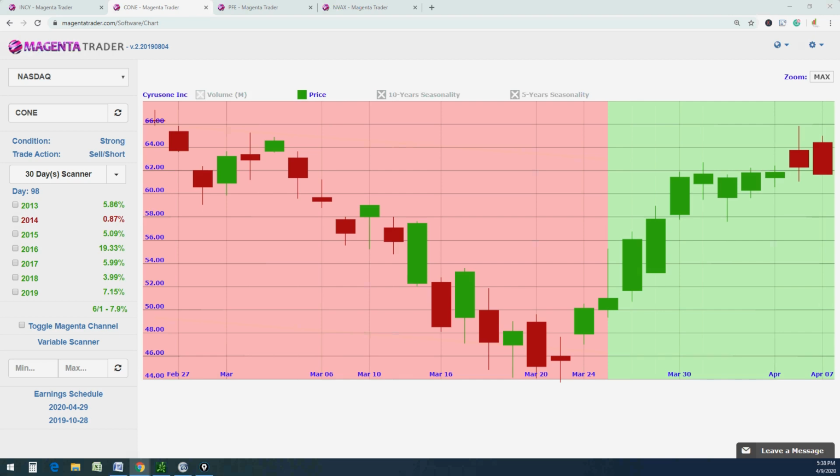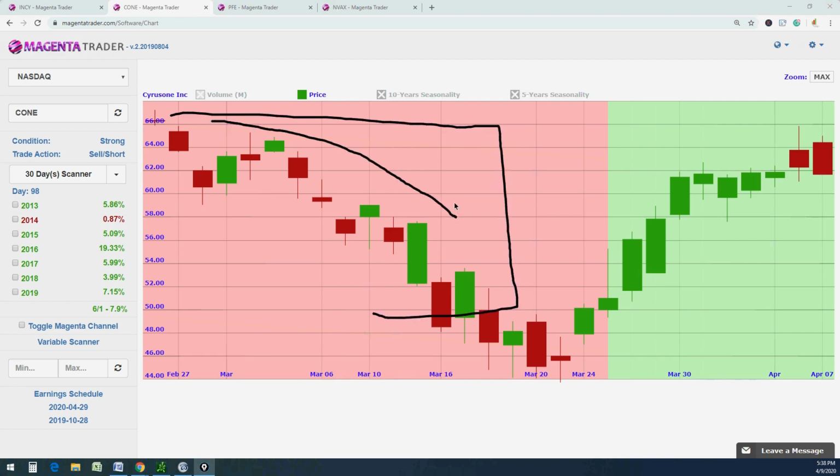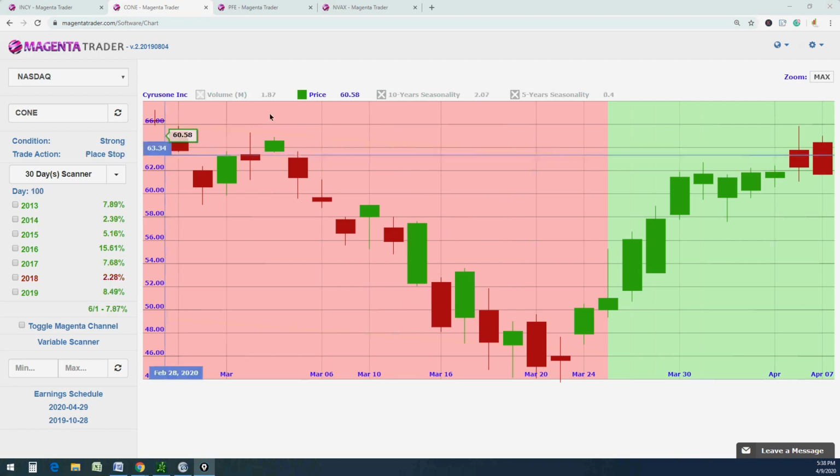When the whole coronavirus situation hit, this whole section was red. When it's red, we know not to be buying anything because things are going down. But what's interesting is while things are going down and everybody was concerned about the bear market, what should we do, what should we not do?